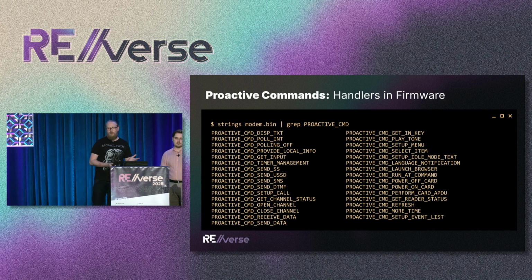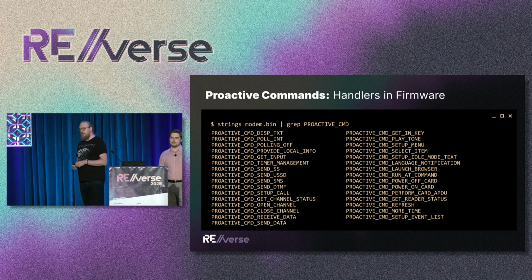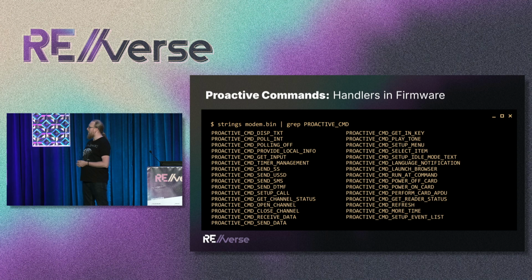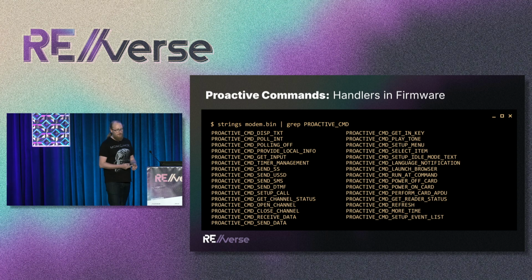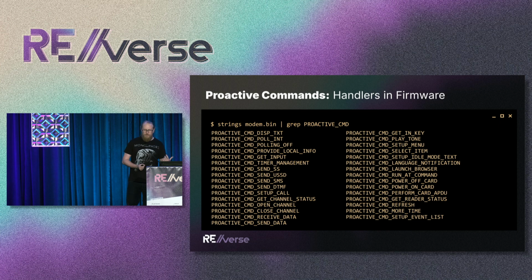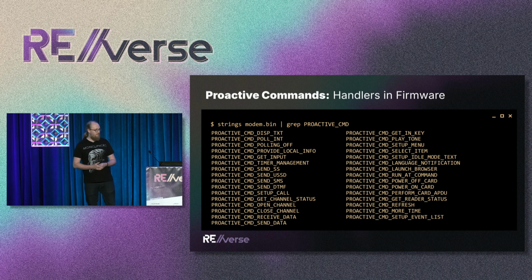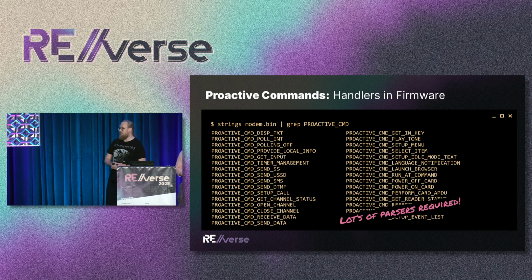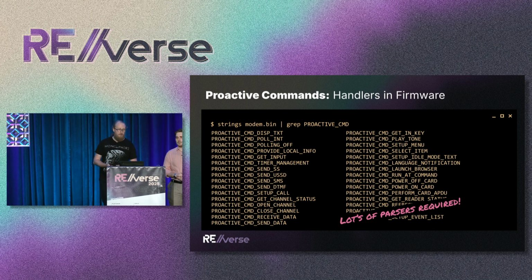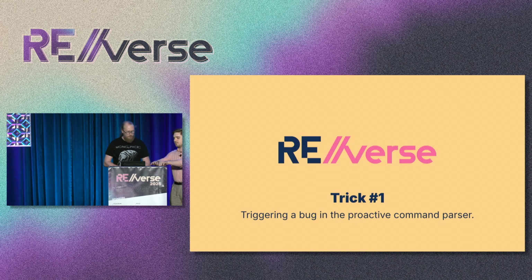We also see some about run AT commands, really a lot of different proactive commands, partially with scary stuff if you think from a security perspective. But all of them need some kind of parsing, right? Tomasz told us that those proactive commands are BER-TLV encoded, so lots of different parsers. And my intuition is usually if there are lots of parsers, there's also a high chance that there are a lot of bugs. And this brings us to the second trick.